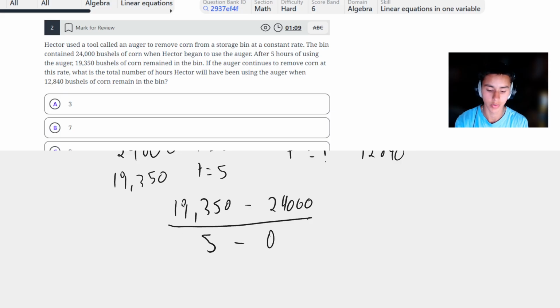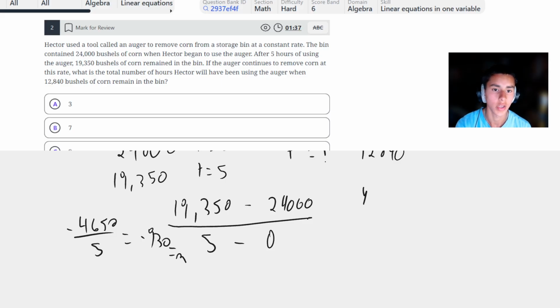So when we do this, we get negative 4650 over 5, and this simplifies to negative 930, and that's our slope. This equals m.